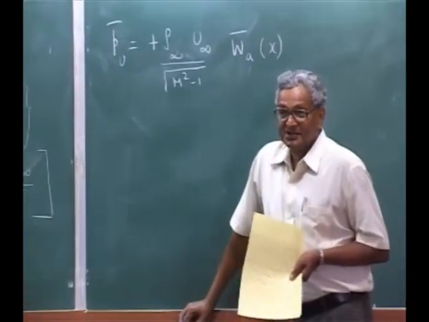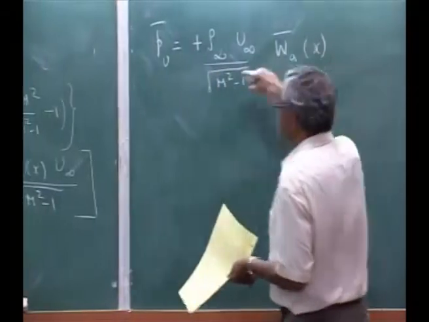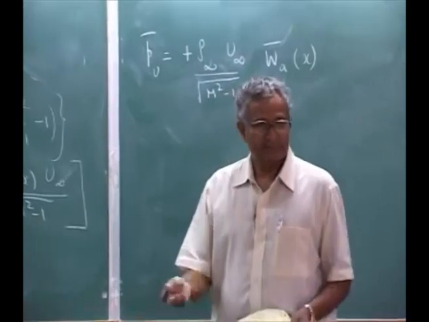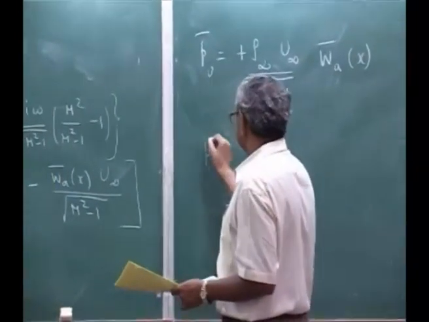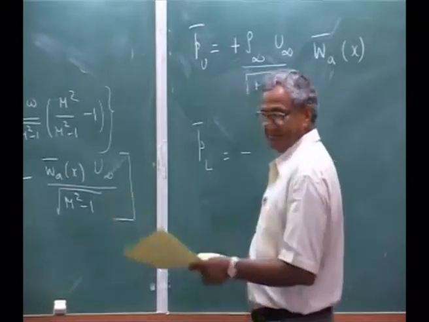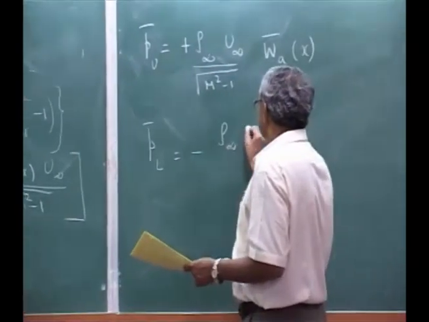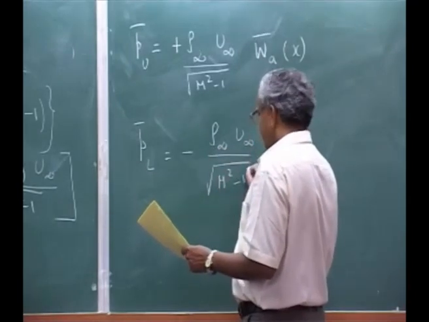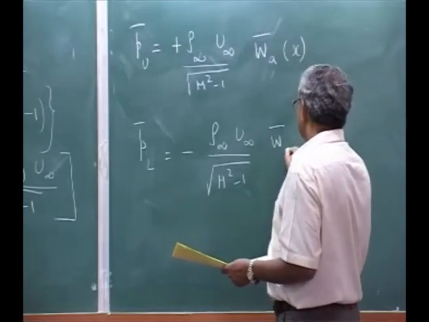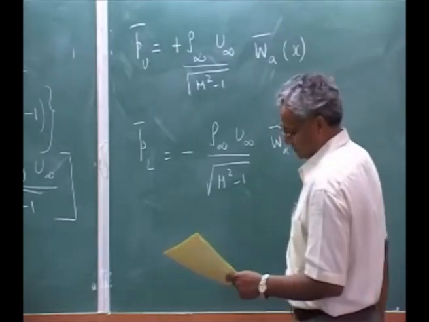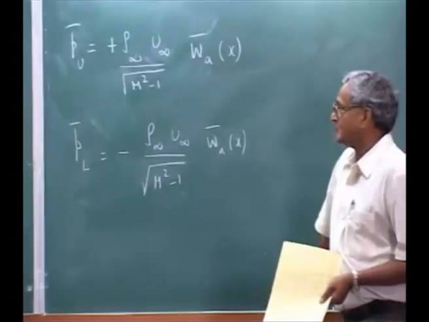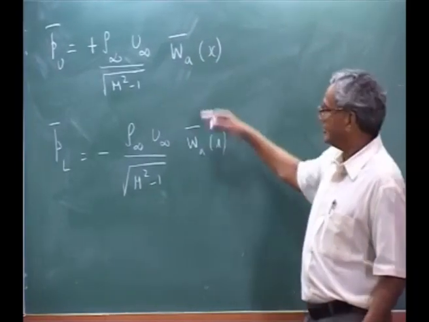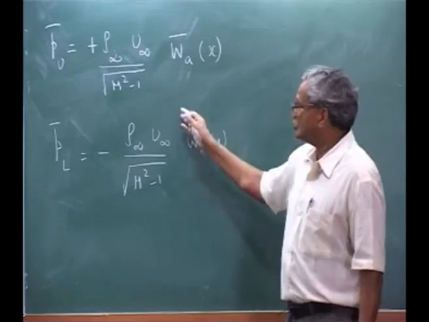That's all. This is pressure on the upper surface, Z plus. Pressure lower, you will have a minus sign, minus rho infinity u infinity over root of m square minus 1 w bar a. This is Z plus, this is Z minus. Now P upper minus P lower will be 2 times this.